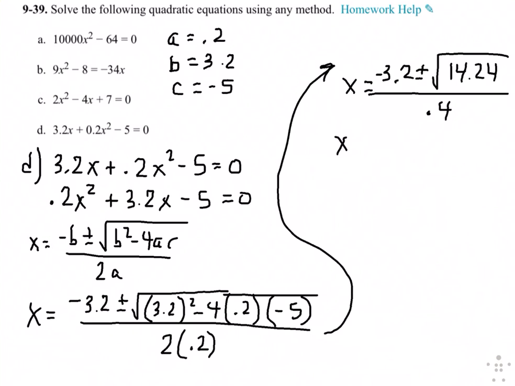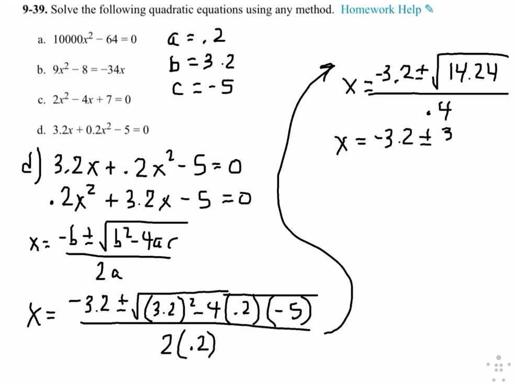So this comes out to x equals negative 3.2 plus or minus the square root of 14.24, which is approximately 3.77.